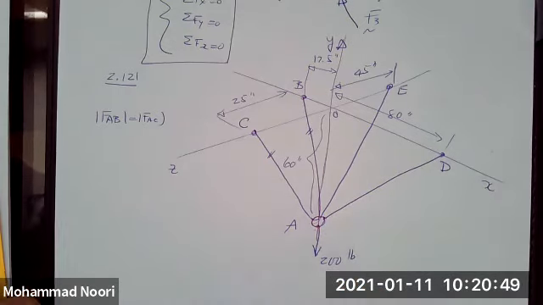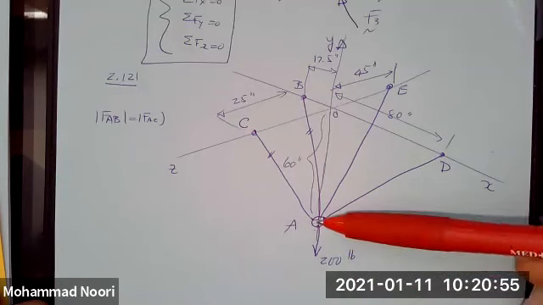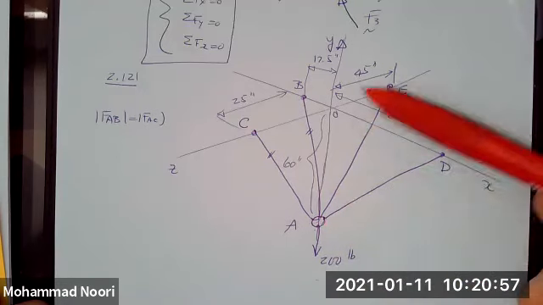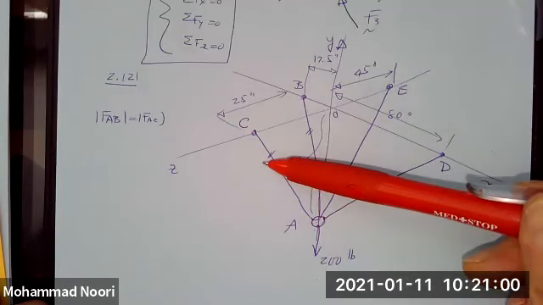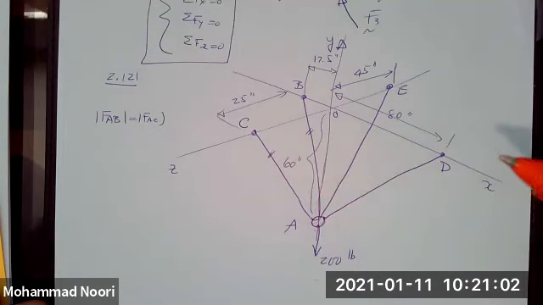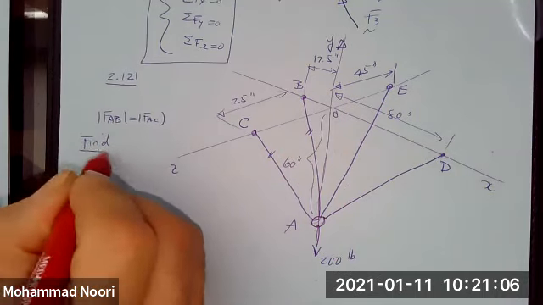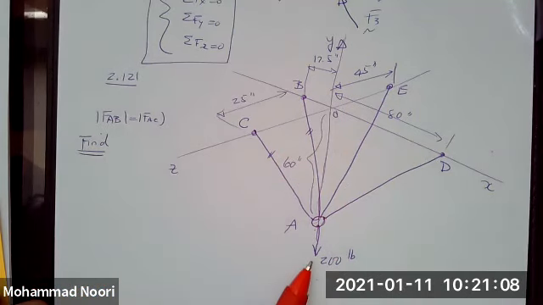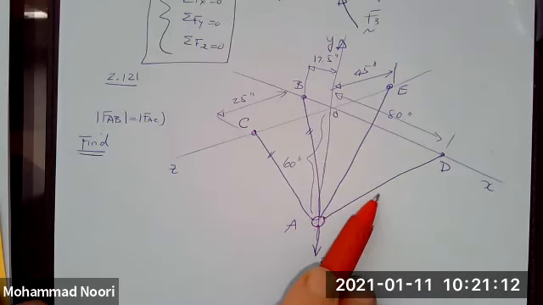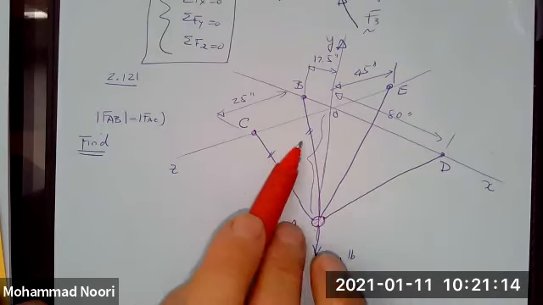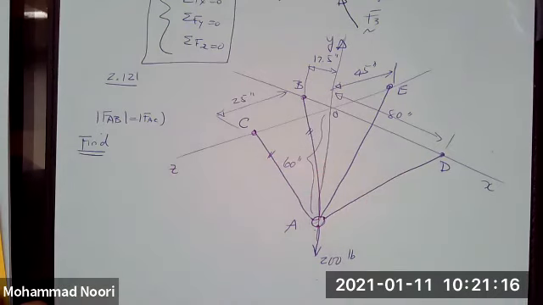So the given information in the problem are that we do have a force acting on this ring that is supported by these 4 cables. Okay? We want to find, if we apply this force of 200 on this ring acting downward, how much force each of these cables would carry.